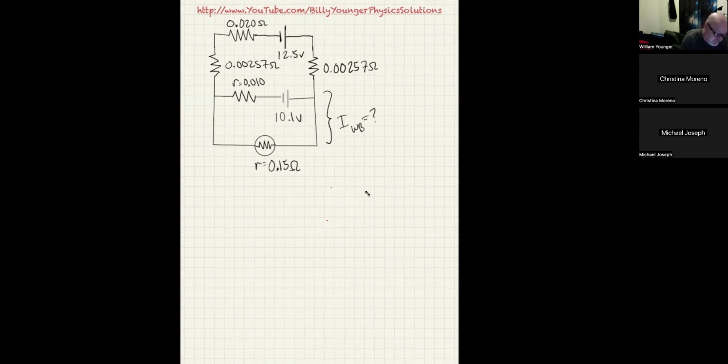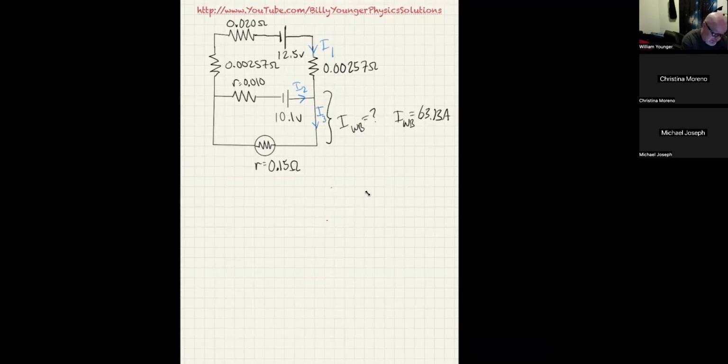What I got was weak battery current was 63.13 amps. And then what I got for I1, which I'll label it like this, this is I2. This is I3. And this is, excuse me, that one's I1. That would have been bad. That one's I1, and then this one is I2, and then this one right here is I3.